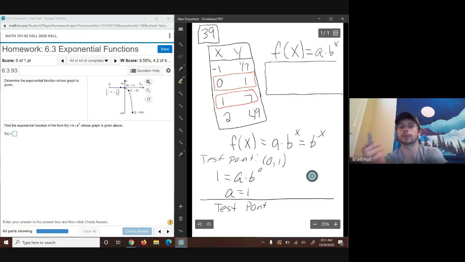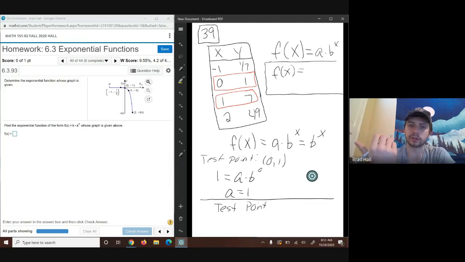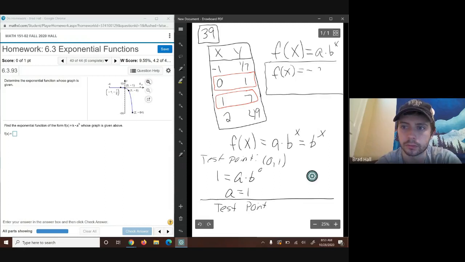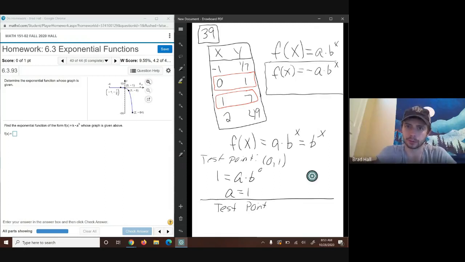Instead, I would have to realize that this is a reflection about the x-axis, which means you might need to consider a negative sign in front. No, I think in this problem, it actually works out that way for you. You will end up figuring out that a is a negative number and it goes from there.